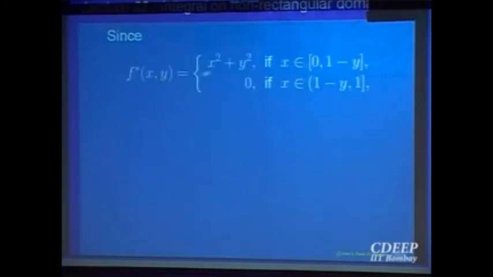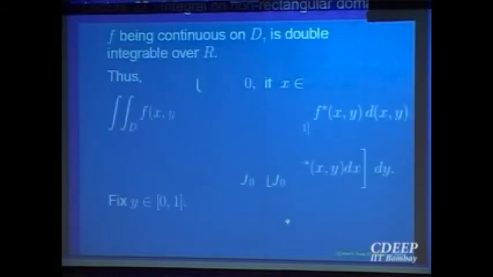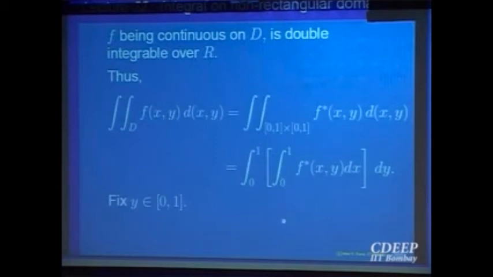So this function is the original function if x is between 0 and 1 minus y. As it goes beyond that diagonal, it becomes equal to 0. So that inner integral, using this I can compute. So that is equal to the integral from 0 to 1 minus y. This 0 to 1 I separated into two parts, 0 to 1 minus y and 1 minus y to 1.